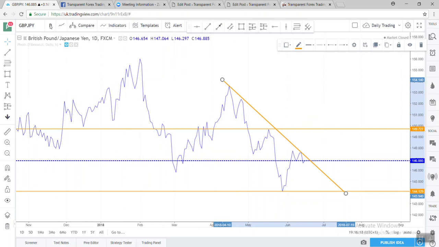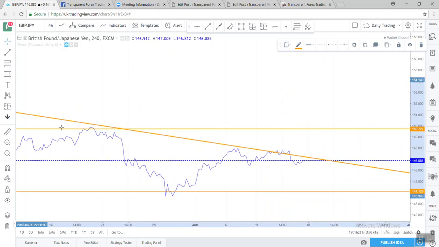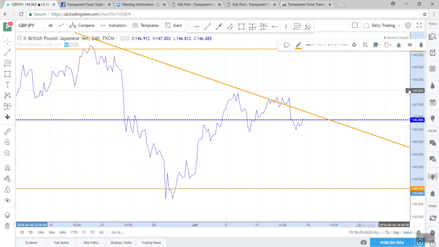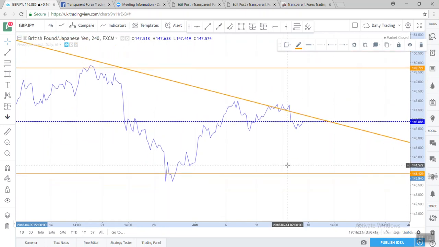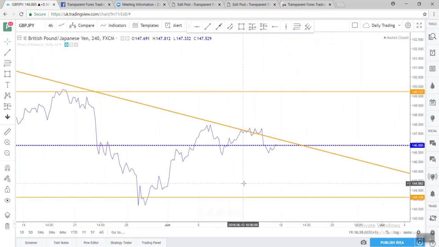We go down to the 4 hour now. And let's see what we got. So it's obviously broken through our trend line a bit. If anything, it's going horizontally for that last bit. So there would be, which tool do I want? That one.